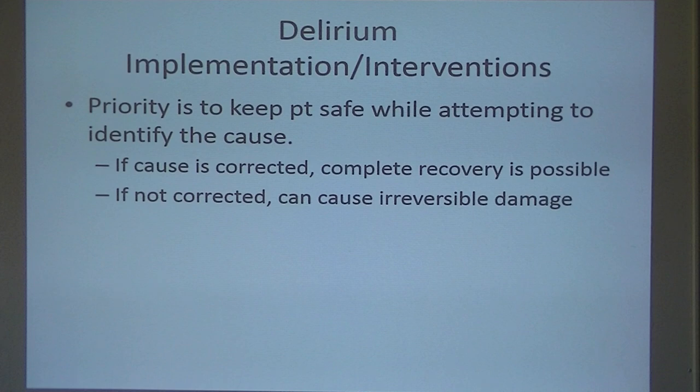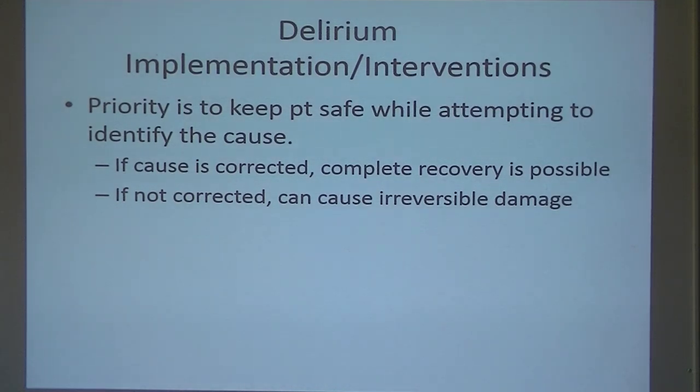So if the cause can be identified and corrected, then complete recovery is possible. However, if it is not identified and not treated, then irreversible damage can occur, such as with hypoglycemia.